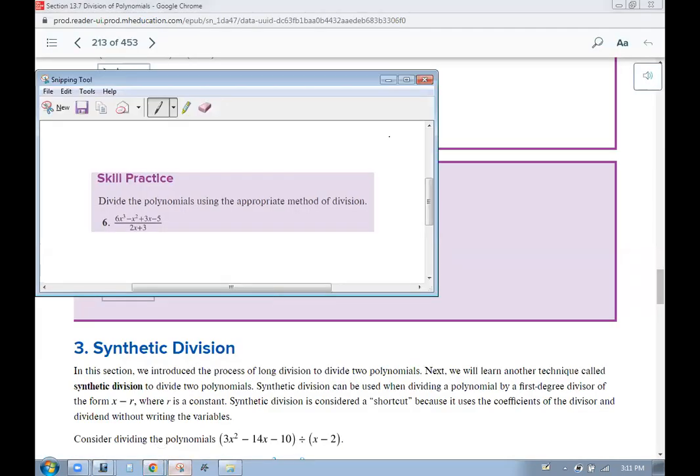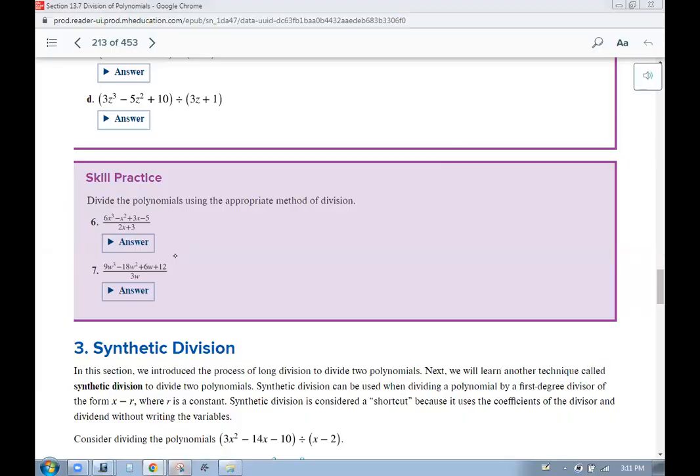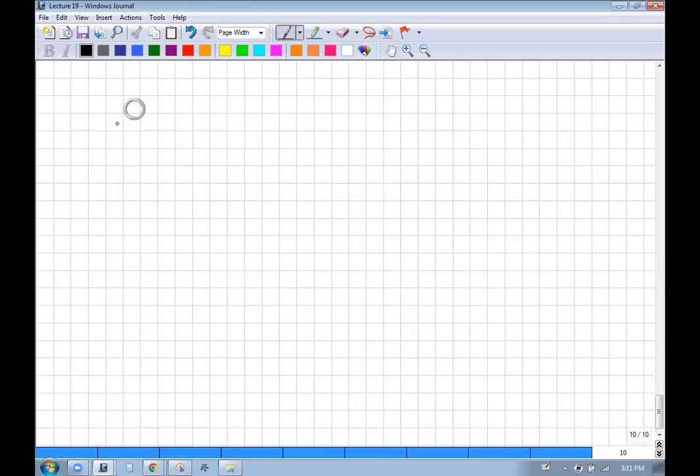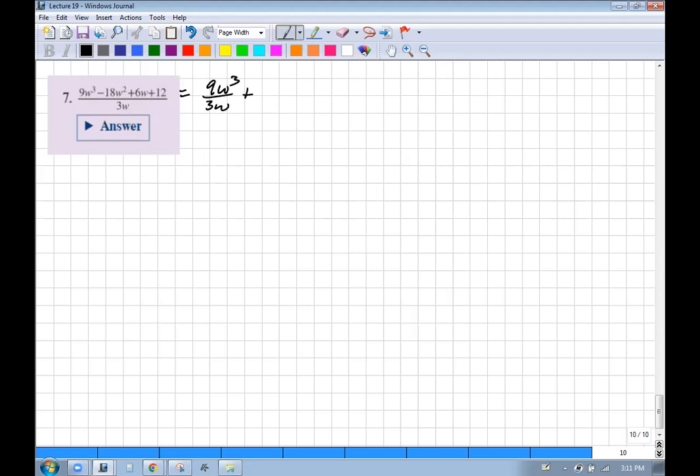Look at the second one here. So this guy here, there's only one term. So we got 9w cubed over 3w. We have an 18w squared over 3w.